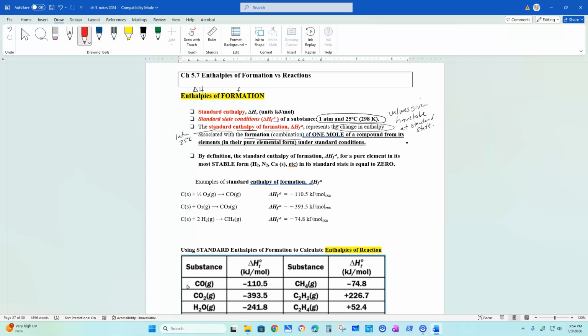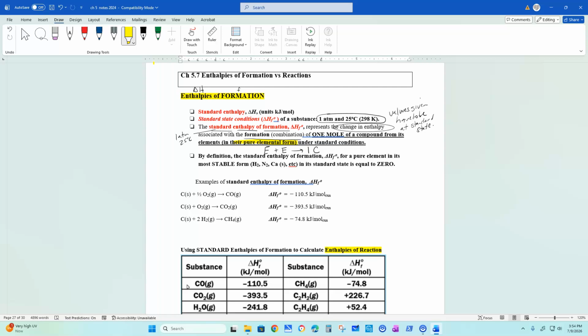So you take the elemental forms, pure elements, and combine them to make 1 mole of a compound, okay? And that compound can be whatever state of matter. These elements can be whatever state of matter, but the key part is the pure elemental form.